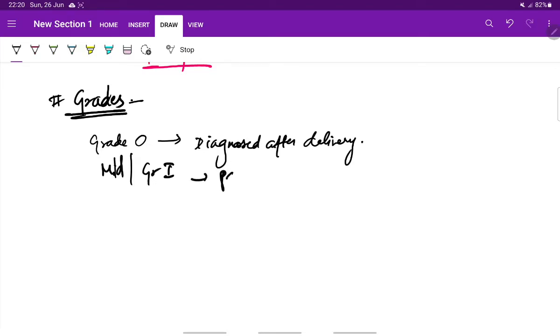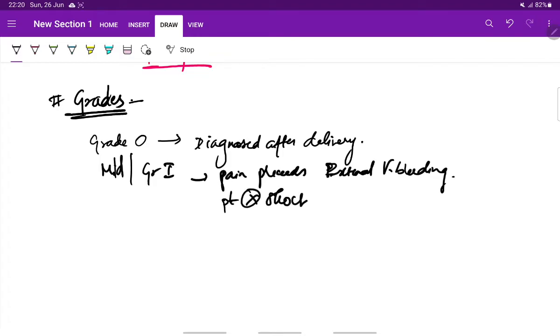Here there is pain preceding the external vaginal bleeding. The patient does not have any shock and the fetal heart is usually unaffected, that is, it is normal.